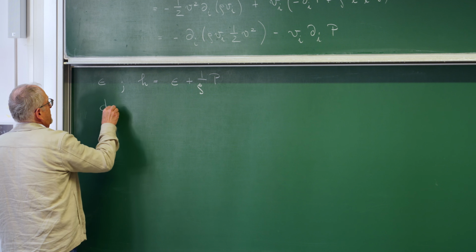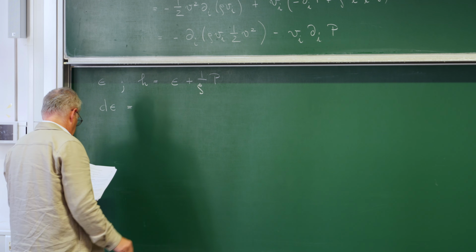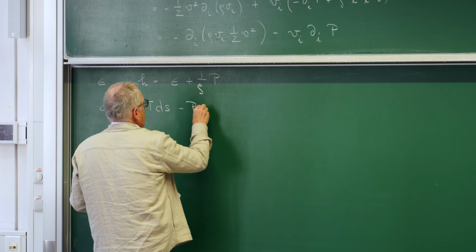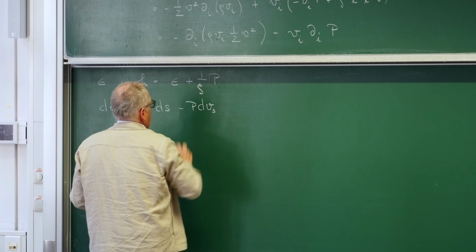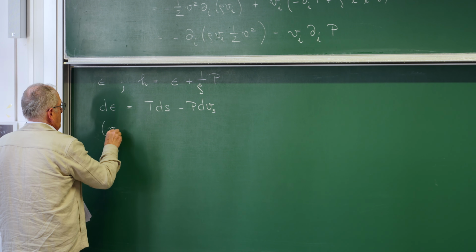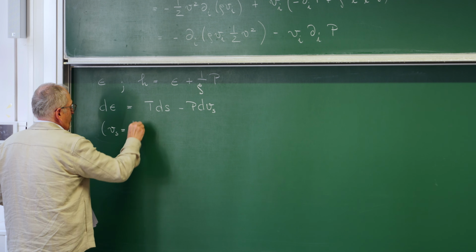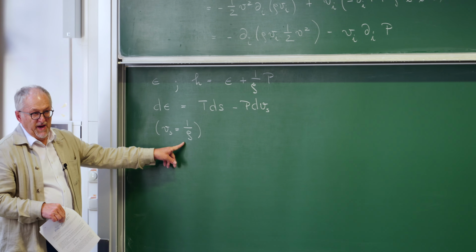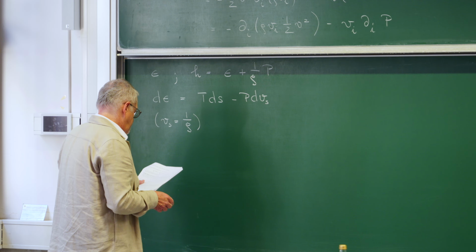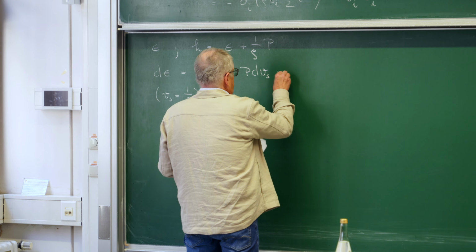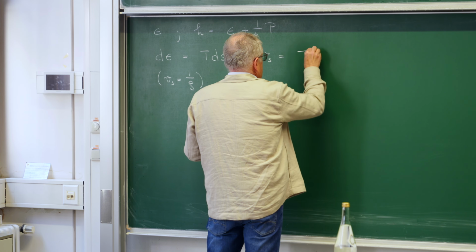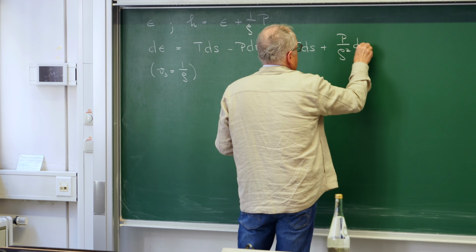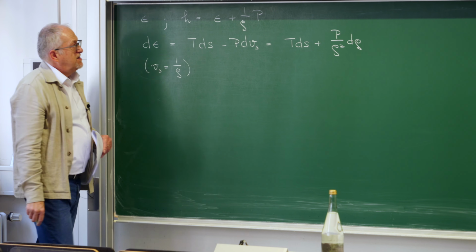So we know the Gibbs relation for the energy: dε is T ds minus P dV_s. And now be careful. V_s is 1 over rho. It's not the velocity. This is the specific volume, 1 over the mass density, that we consider here. And we can write this also as T ds, and if I use the relation to rho, this is pressure over rho squared dρ.